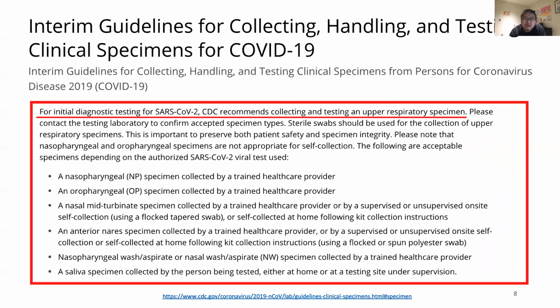However, the CDC has put out interim guidelines for collecting, handling, and testing clinical specimens of COVID-19, which explicitly state that for initial diagnostic testing of SARS-CoV-2, the CDC recommends collecting and testing an upper respiratory specimen, which is mostly what we have seen with nose swabs or oral swabs.